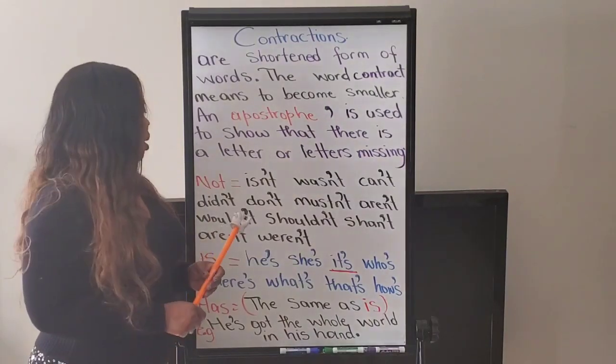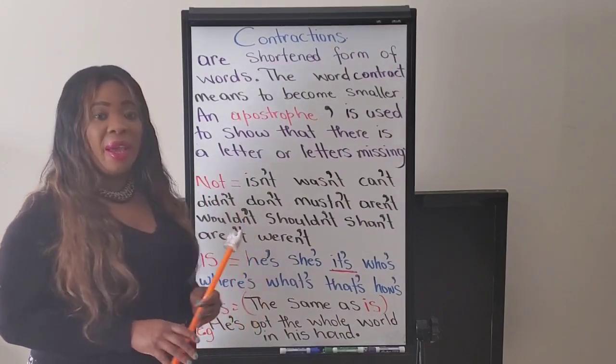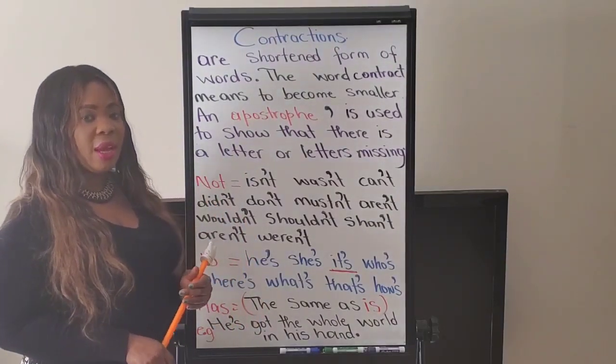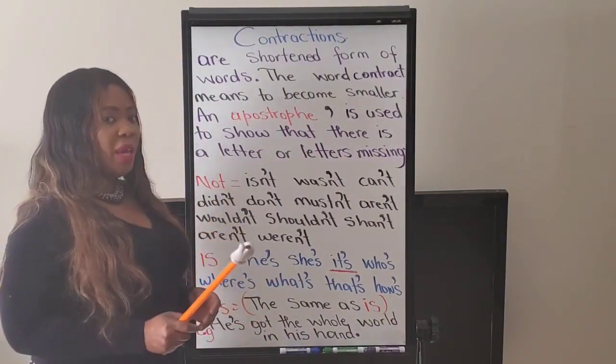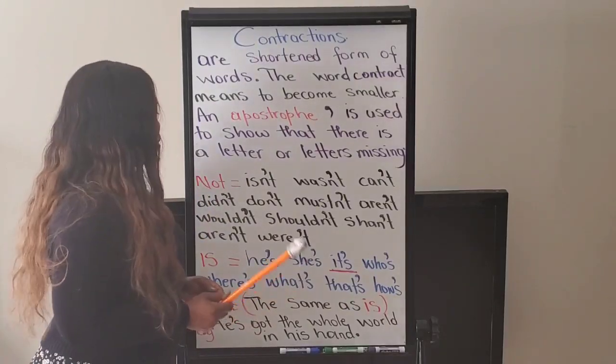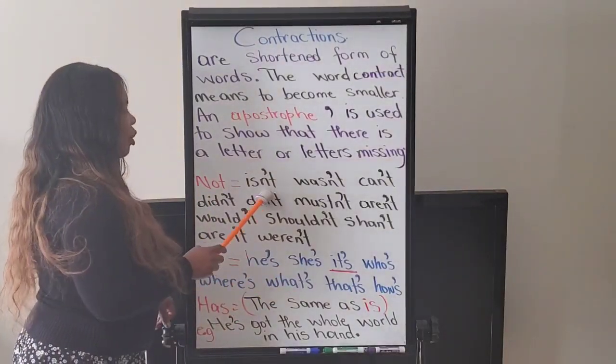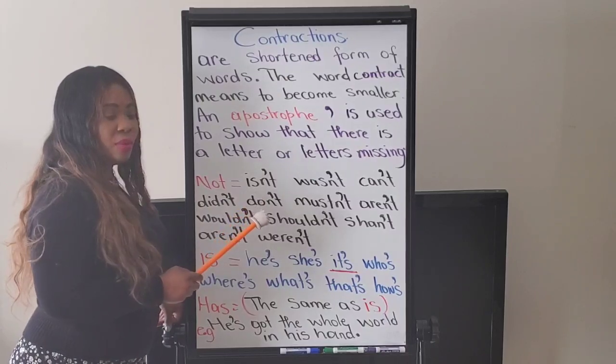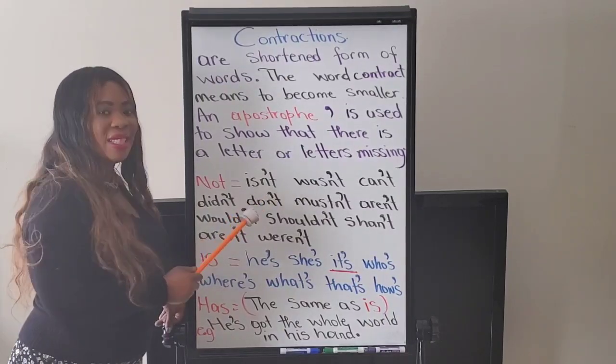Now let's look at some of the commonly used contractions, starting with those associated with not. So this here is isn't. Remember, you don't pronounce it as is not.